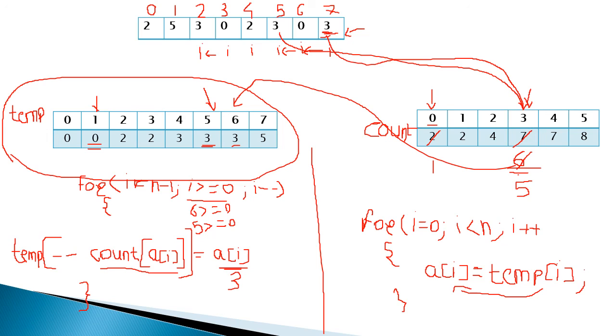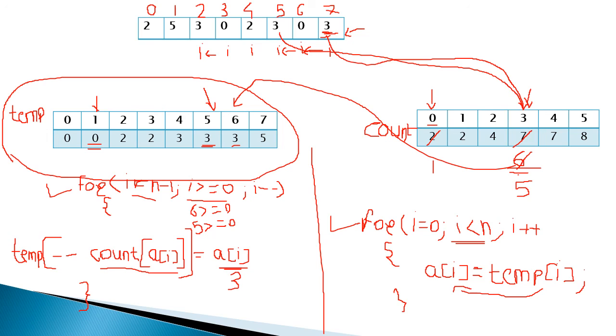How can we calculate the time complexity for the count sort? If you remember, a total of four for loops are required for this code. The first for loop is executed n times. The second for loop executes k times, and the third for loop executes n times, and the fourth is also executed n times.